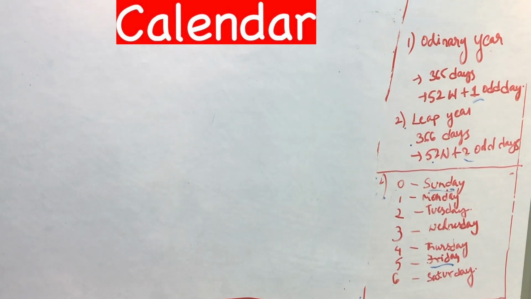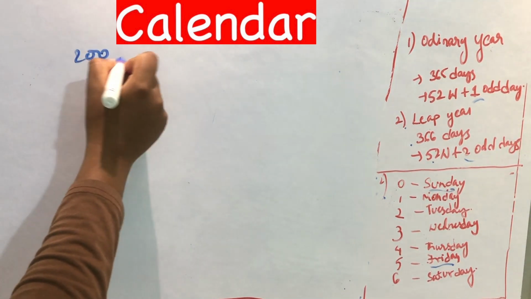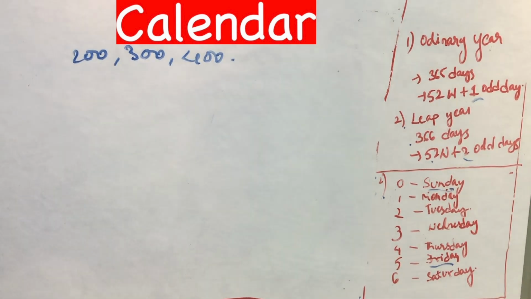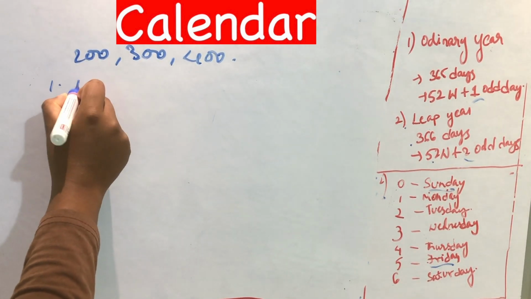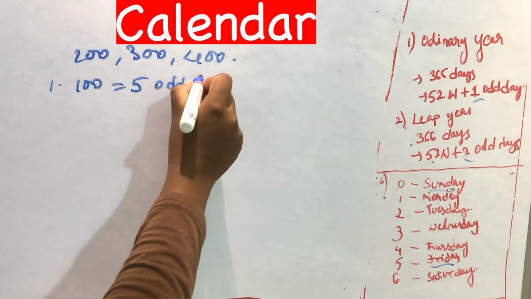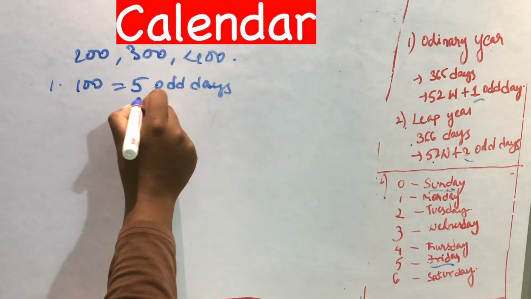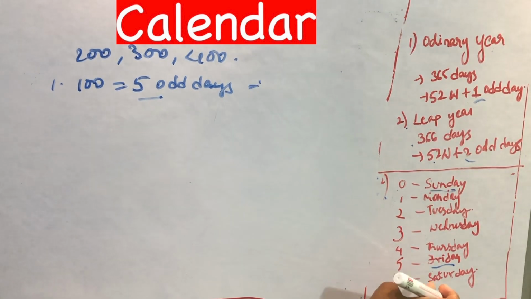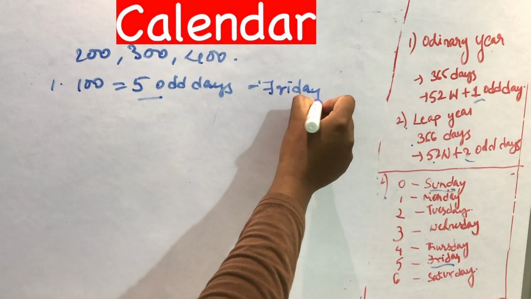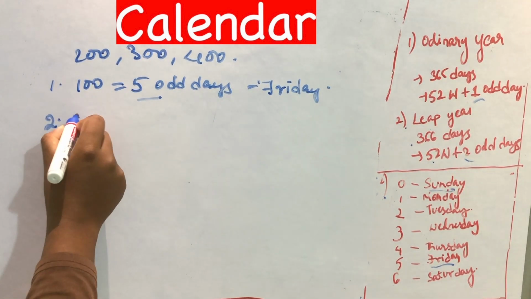Similarly, now let's calculate for 200, 300 and 400 as well. So in the first one, for 100 years we have seen that we got 5 odd days. If it is 5 odd days, then it is Friday, right? Now first 200 years.